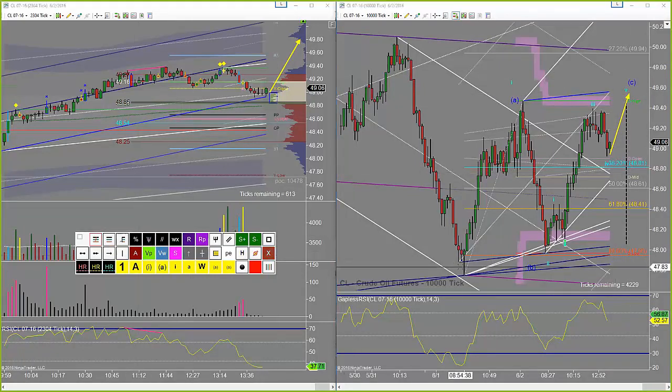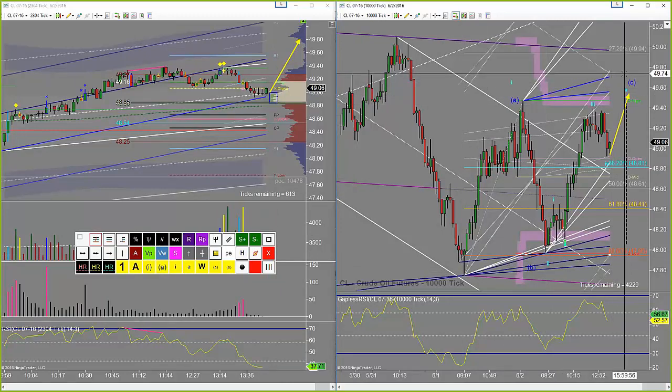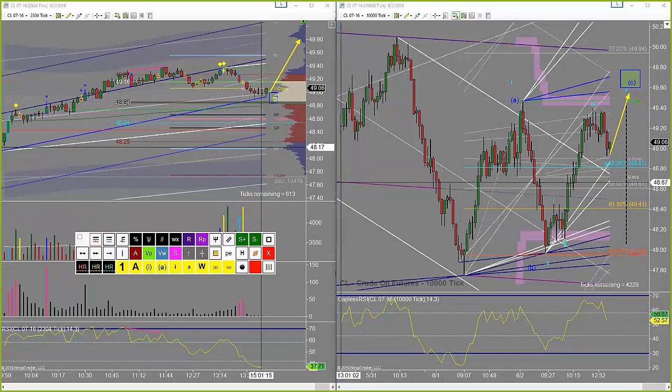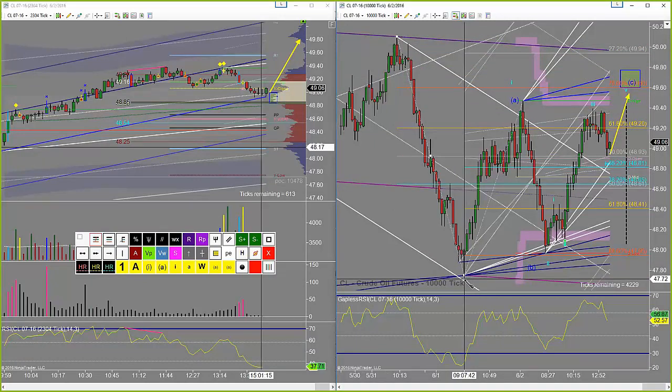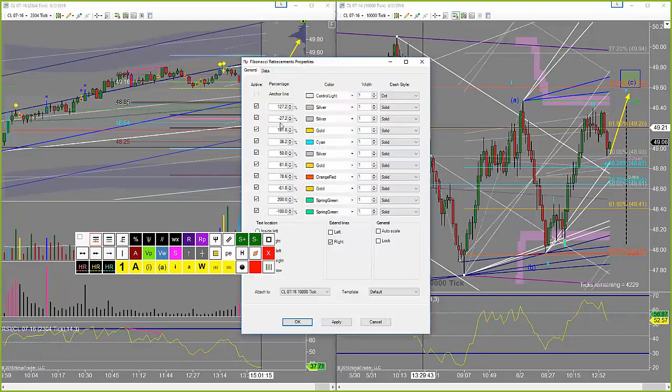Maybe if I actually connect to that wick down there, then maybe up to 75 or 80. You have a warning line from one of the median lines right here as well. So all of this looks like a very good spot for another major high, which would bring us back to the 78.6 of this wave, which is at 60. We may come all the way back to the 88.6, but I would think 78.6 would do it.